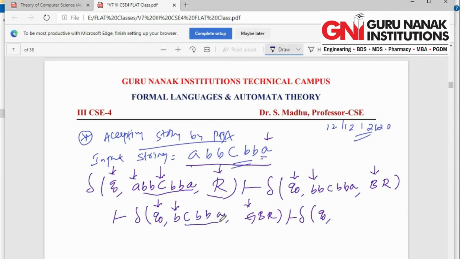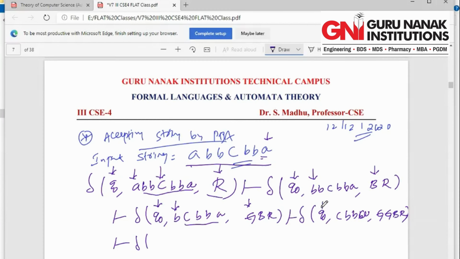The remaining input is C, B, B, A. Then what is the top of the stack now? G, G, B, R. In the processing, you have to write the total stack content. While writing rules, you write only the top two symbols.